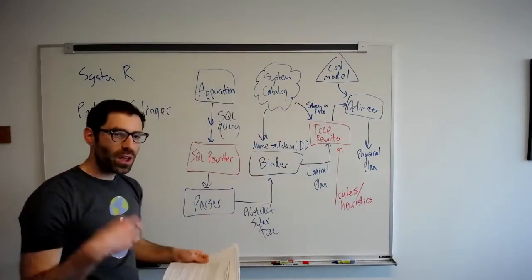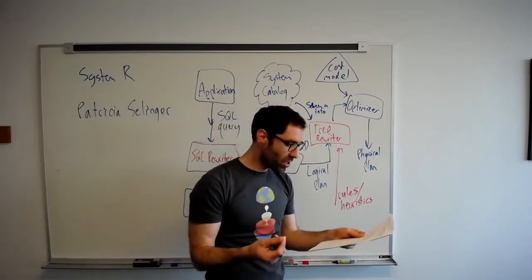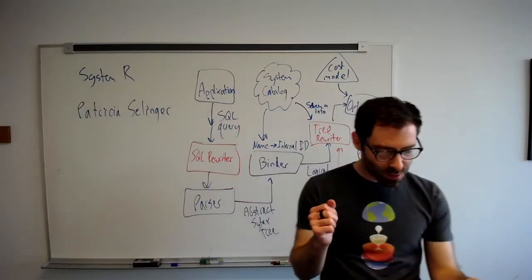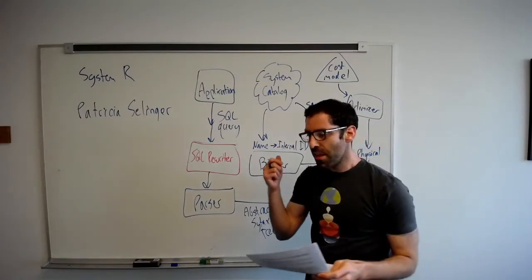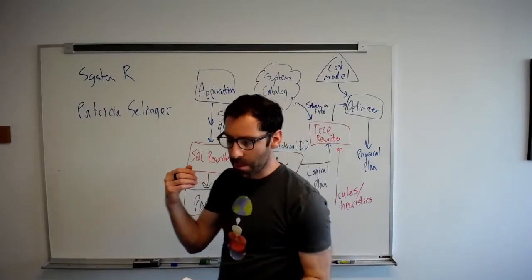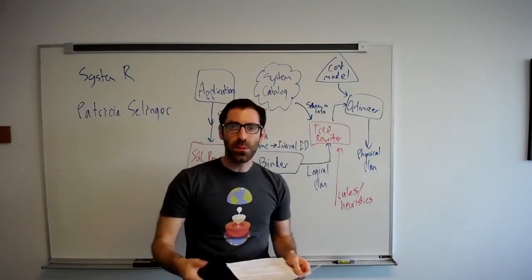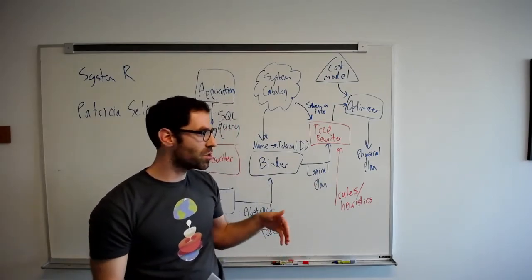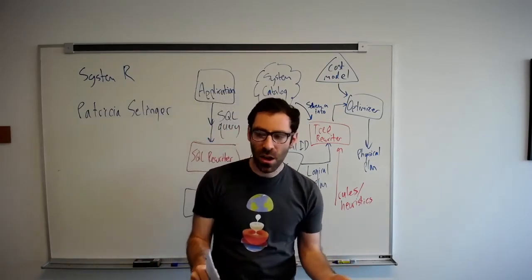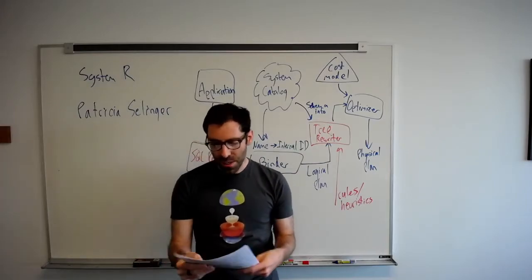So I guess one thing to say about optimization overall, as well as at this point, is that it's extremely challenging to do well in practice, that major database companies spend millions and millions and millions of dollars trying to make their query optimization better, to beat the competition.